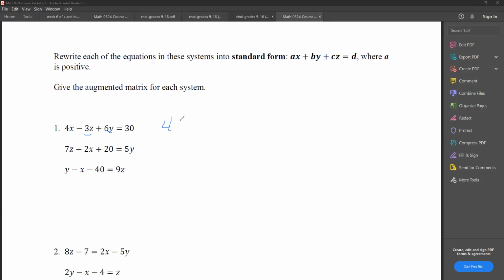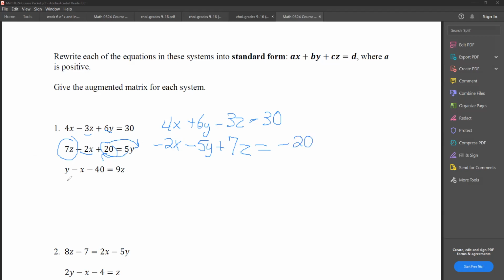So 4x plus 6y minus 3z equals 30. X, y, z. So here, second equation, negative 2x. 5y is going to move over, so it's going to become negative. Change the sign. And I got 7z. Now 20 has got to be moved over to the other side, so it's going to become a negative 20.